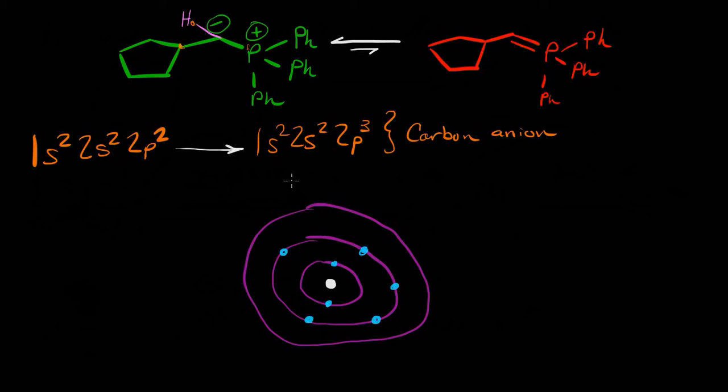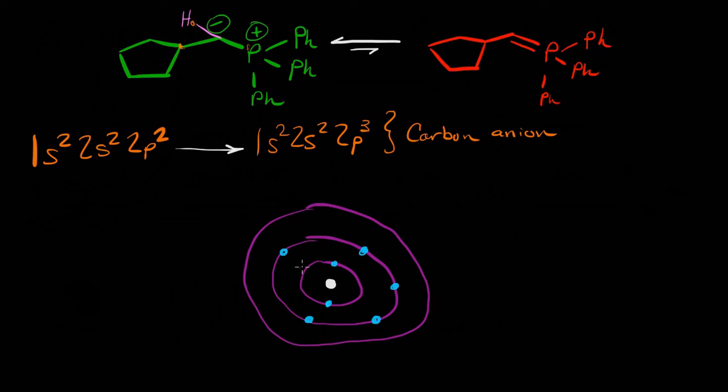So understanding the makeup of our shells for our carbon anion, we can now come to this diagram I've shown down here. So assuming that this white dot in the middle is the nucleus of our carbon, and then these are its shells.